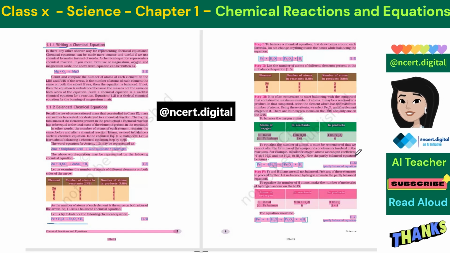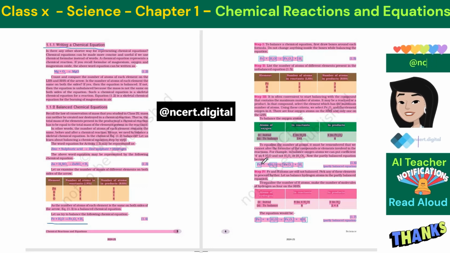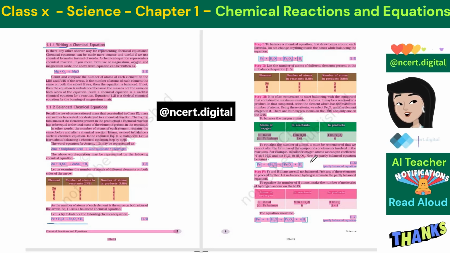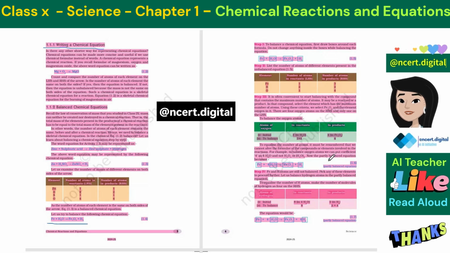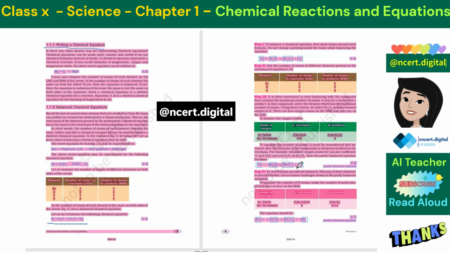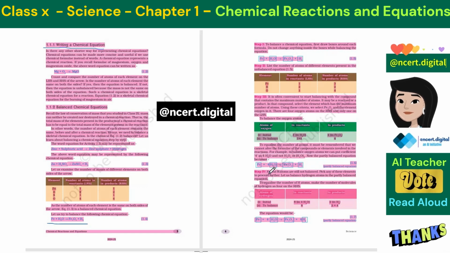For example, to balance oxygen atoms, we can put coefficient 4 as 4H2O and not H2O4. Now the partly balanced equation becomes Fe + 4H2O → Fe3O4 + H2 (1.6), partly balanced equation.